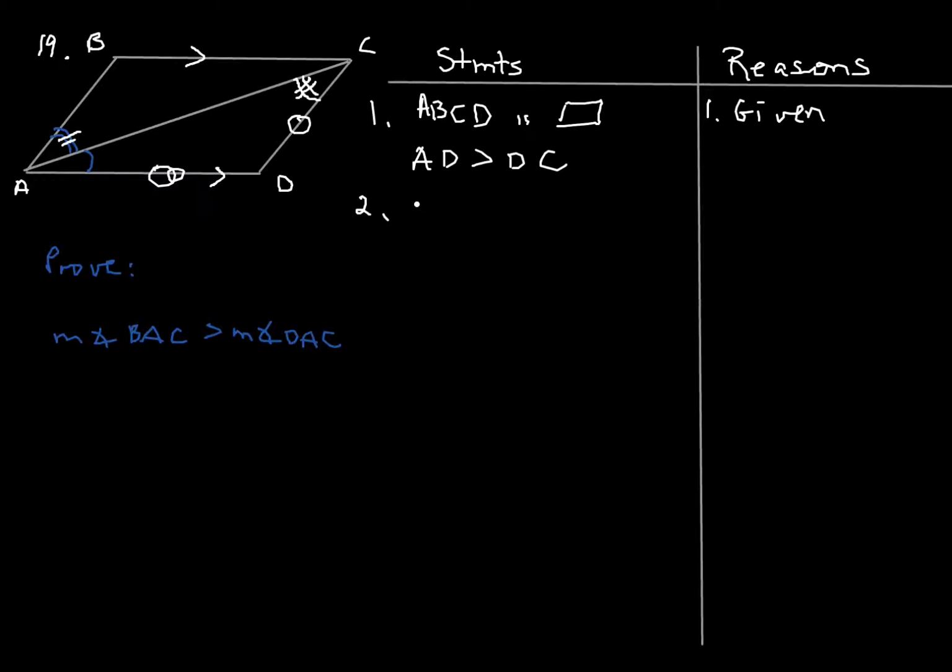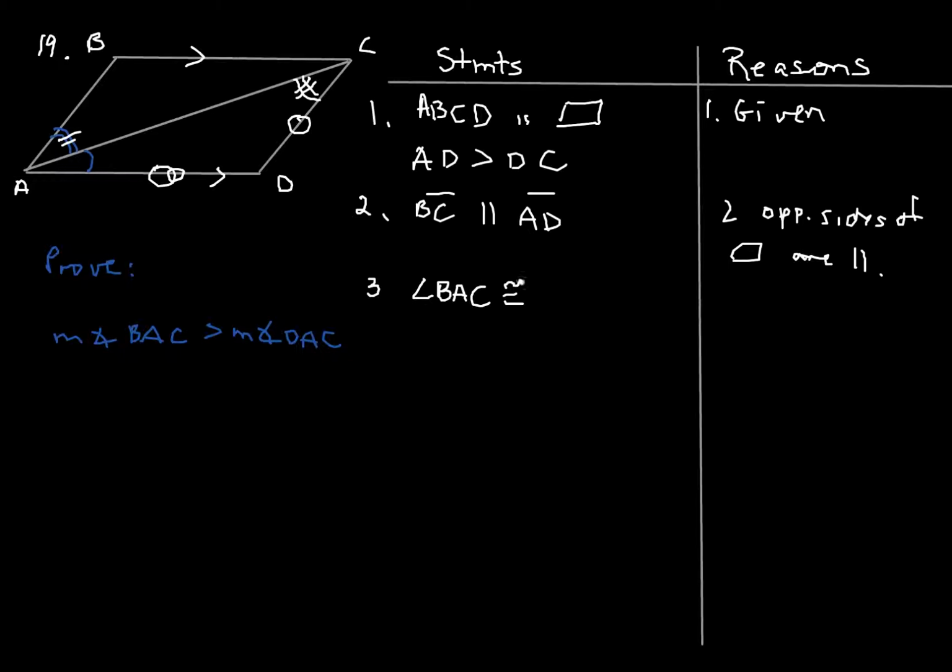Let's say that BC is parallel to AD, and that would be opposite sides of a parallelogram are congruent, or parallel. Then we can say angle BAC is congruent to angle ACD, and that would be alternate interior angles. This is a pretty short proof.